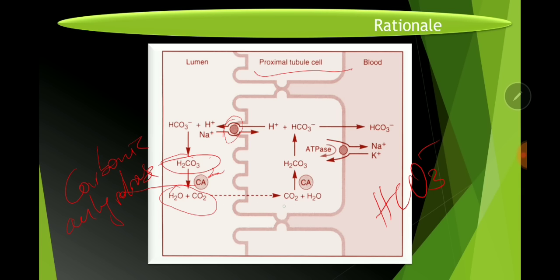This carbon dioxide again goes inside the cell, and within the cell the anhydrase converts it back to carbonic acid, and then it breaks down to protons and bicarbonate. This bicarbonate is transported back into blood so that they can increase the acidity of the blood, causing metabolic acidosis.